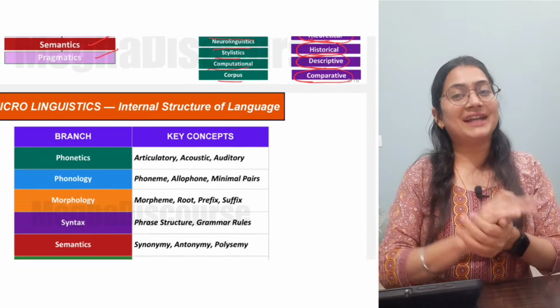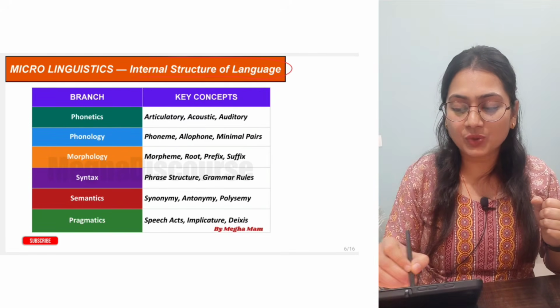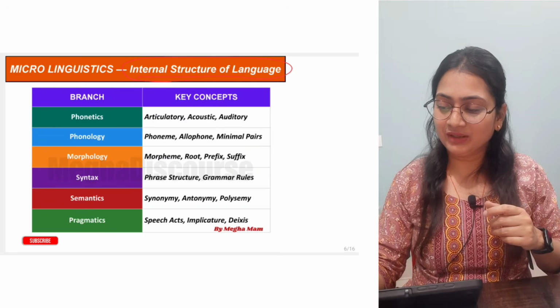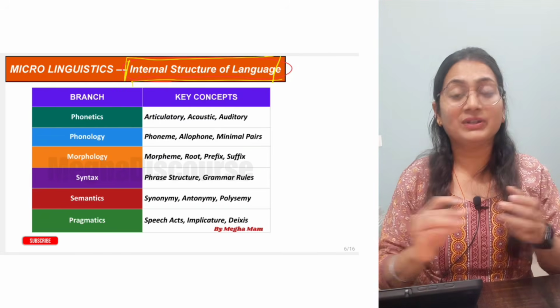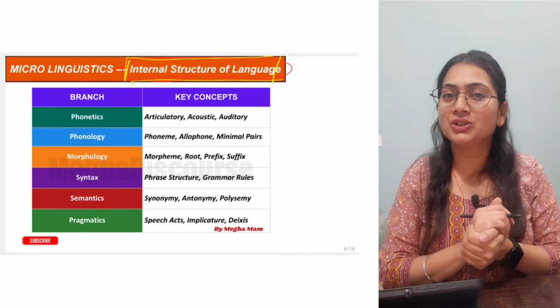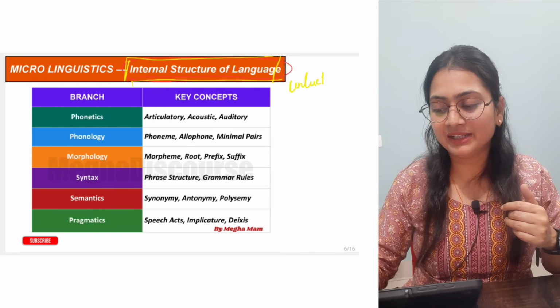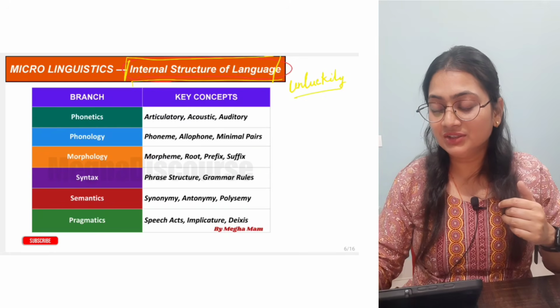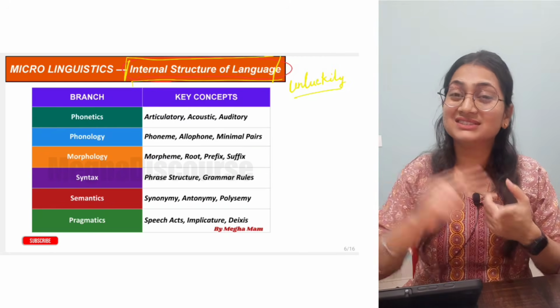So this is your slide. Micro linguistics, that is the internal structure of language. Let me change the color. That is the internal structure of language. What is internal structure? Like there is a word, unluckily. So we should know about this word, that unluckily we have these sounds.